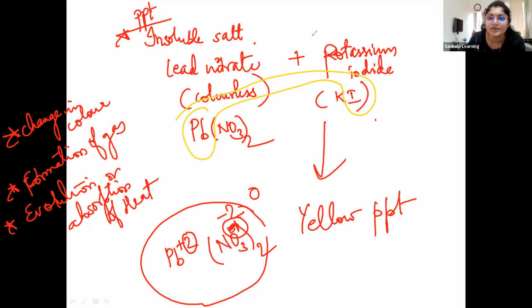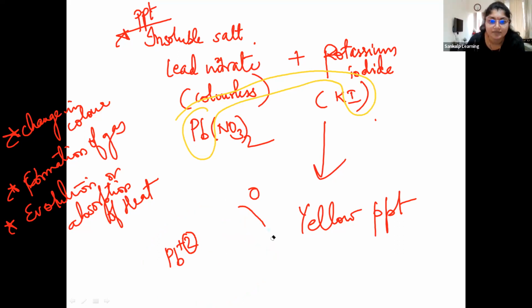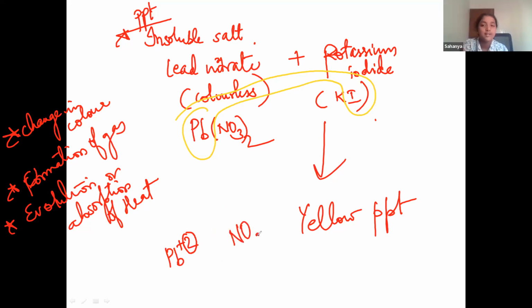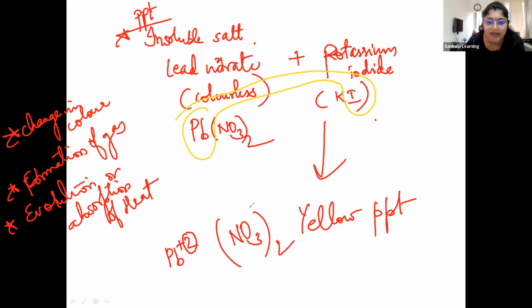So it will be Pb(NO3)2, and it has a minus 2 charge on the nitrate part because there are 2 atoms, each NO3 with -1 charge.